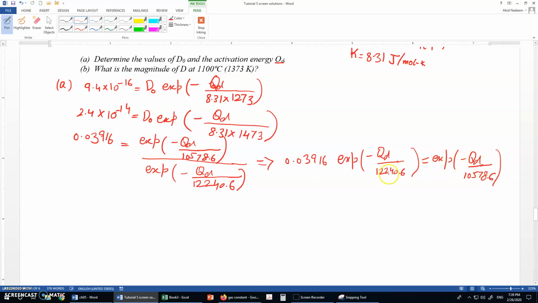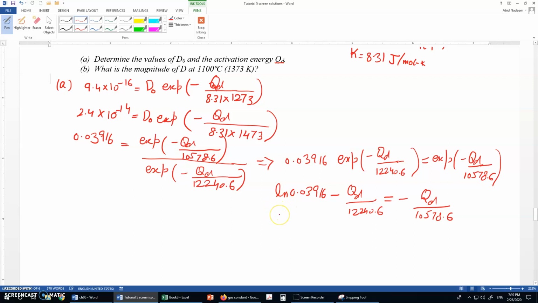So we can get rid of this exponent by taking the log of both sides. So log of 0.03916 minus QD over 12,240.6 is equal to minus QD over 10,578.6.